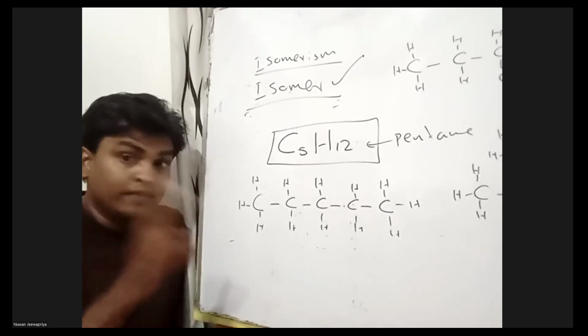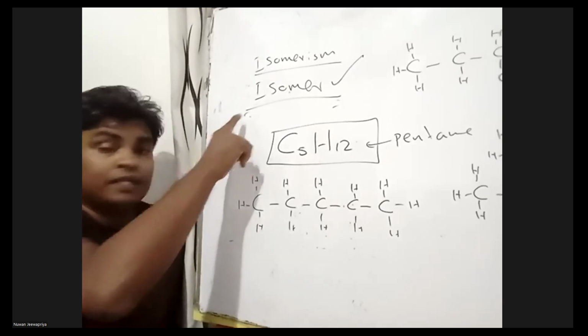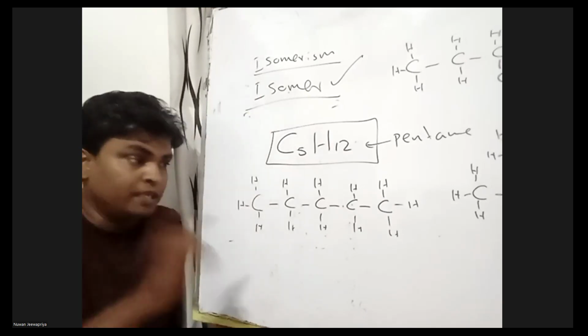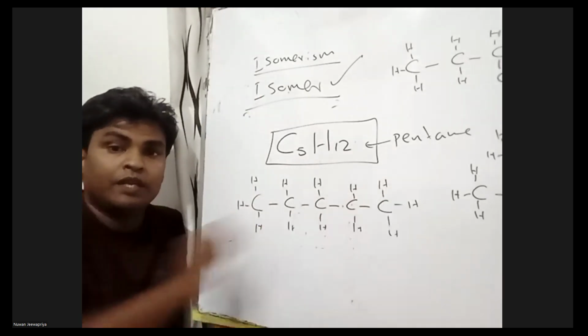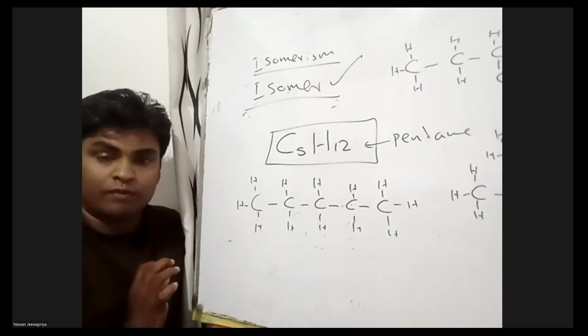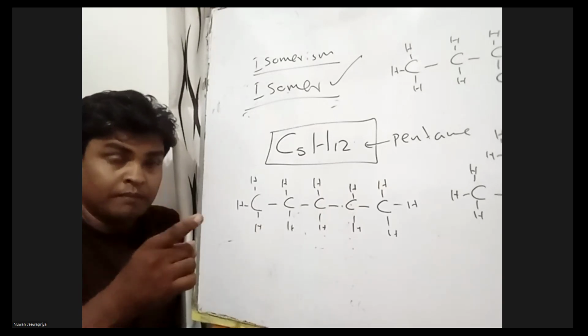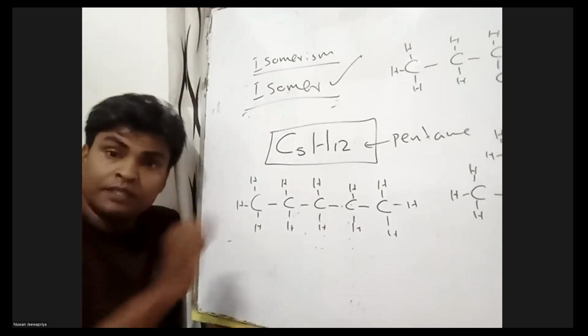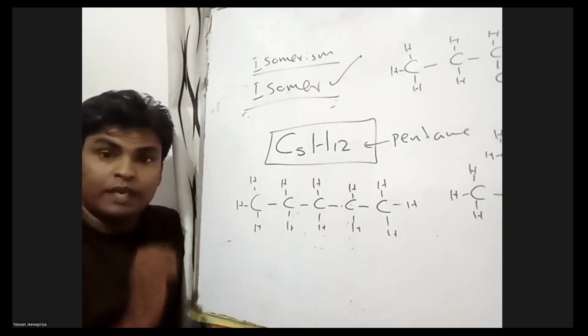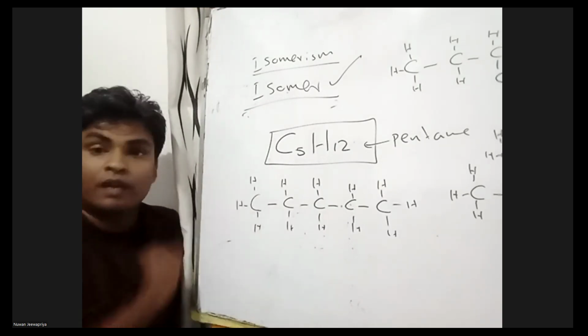So these two words are a little different. Isomer means different displayed or structural formulae for the same molecular formula. Isomerism means the existence of different displayed or structural formulae for the same molecular formula.